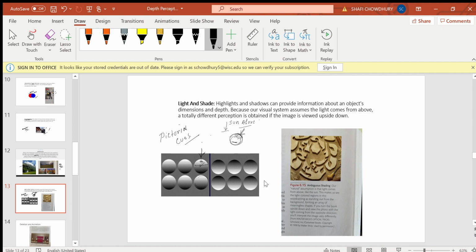So just inside the wall, the inner side of the wall, this side will have less light and this side will have more light. That gives you the perception of a deep object, or a well, something concave. Here, the same strategy has been used, light and shade. So bright areas are elevated areas, and less light areas are deeper areas.